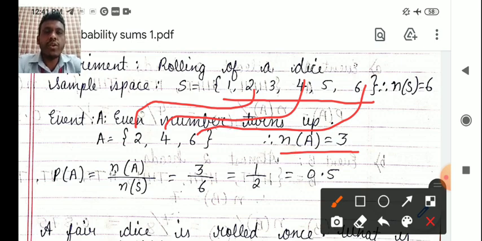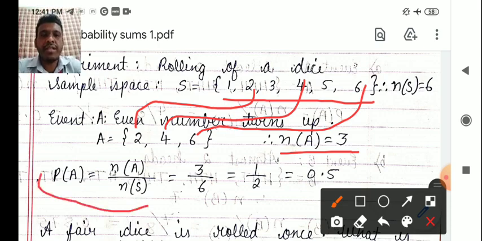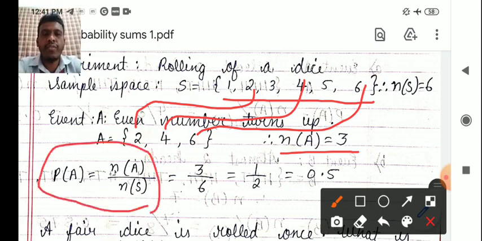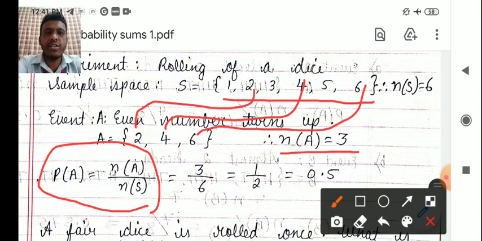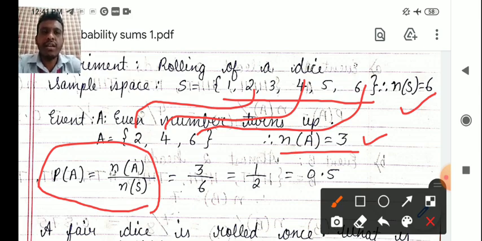So what is the probability of A? The formula is probability of A equals n of A upon n of S, which is equal to 3 upon 6. N of A is 3, n of S is 6. So 3 upon 6, that is 1 upon 2, since 3 ones are 3 and 3 twos are 6.